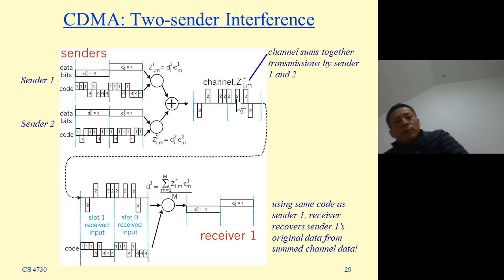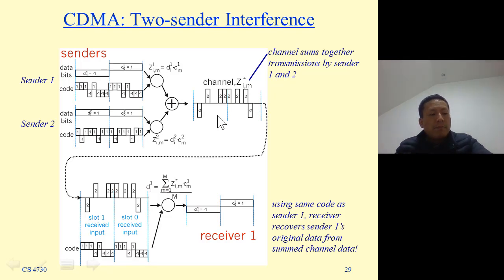So you may be wondering how the receivers are able to extract the information out of this added information. Actually there's no difference from the previous example. Supposedly we are receiver 1. We get the combined waveform from the channel and want to extract useful information.